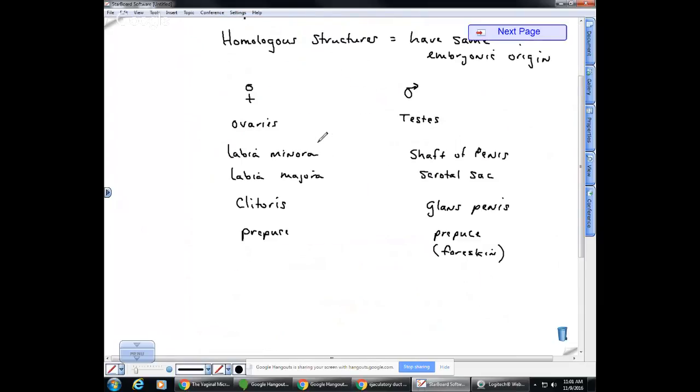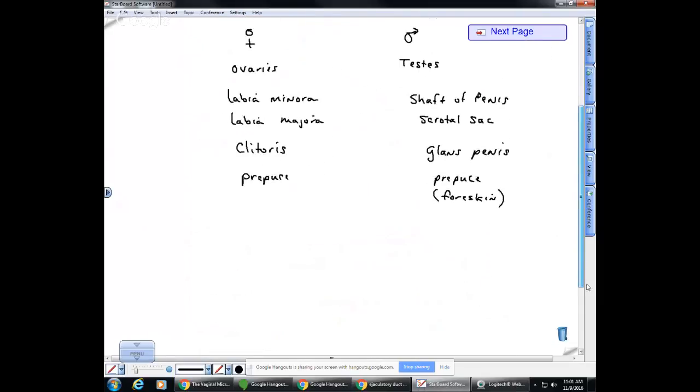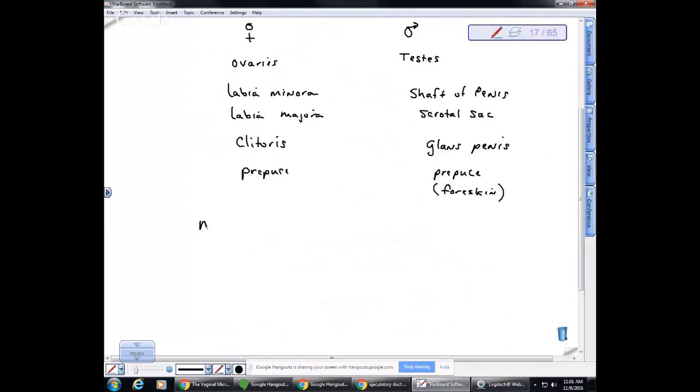Okay. So it's really important to realize the difference between male circumcision and what they do to females in some countries. Okay. So male circumcision is the removal of the foreskin. Female, they used to call it circumcision, right?